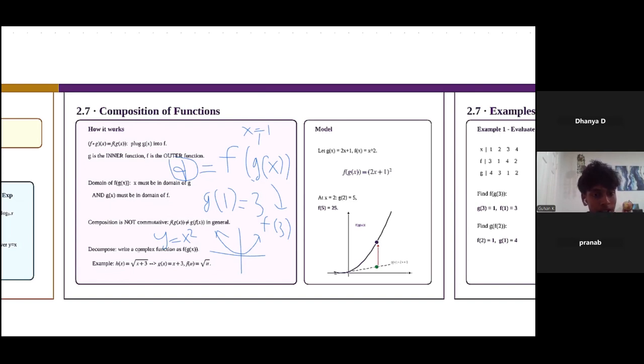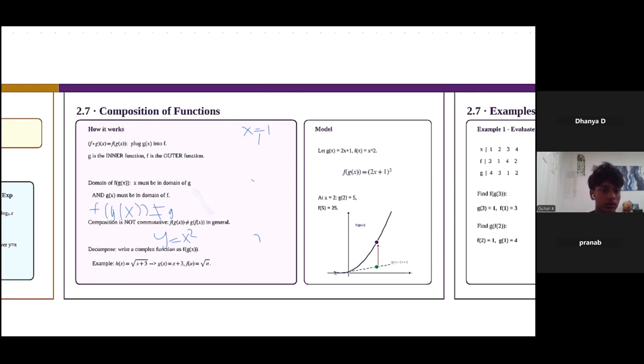And composition is not commutative. So what that means is f of g of x does not equal g of f of x.